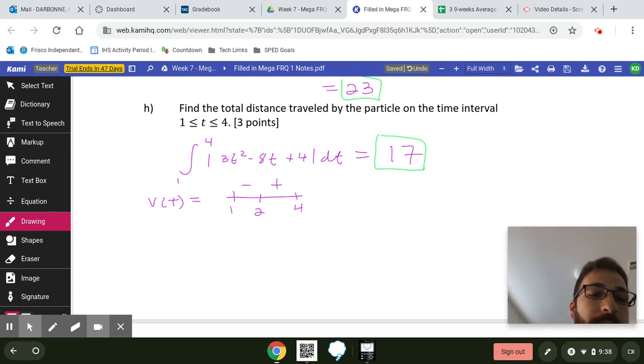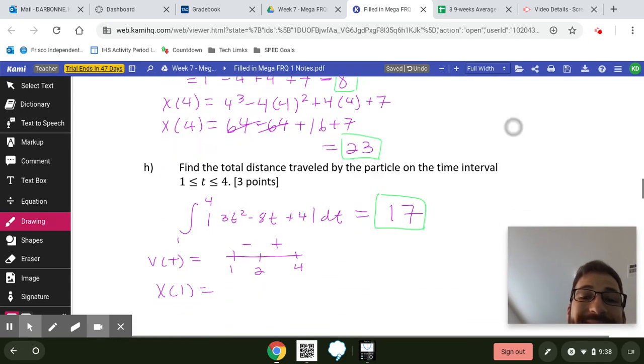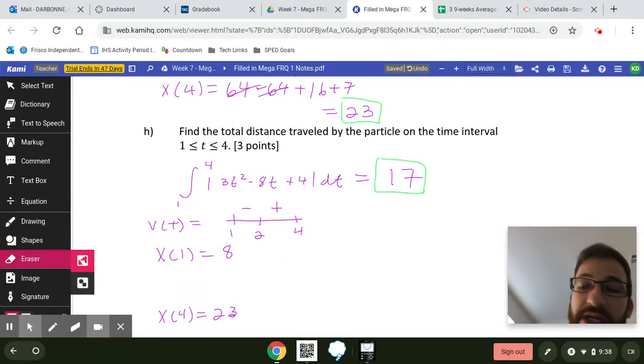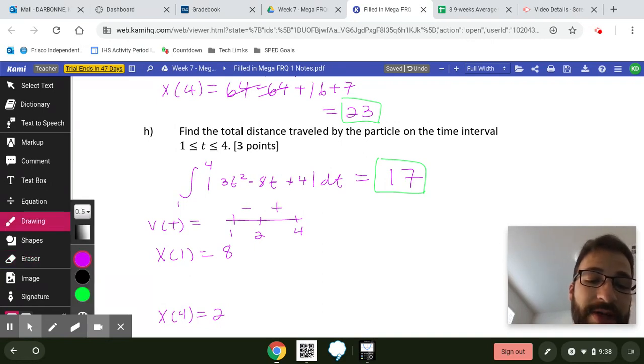This isn't too terribly important, but we'll talk about it. We already know that the position at 1 is 8. We found that earlier. And we know the position at 4 is equal to 23. The only other position I need is the position at 2, and you're going to see why in just a second.